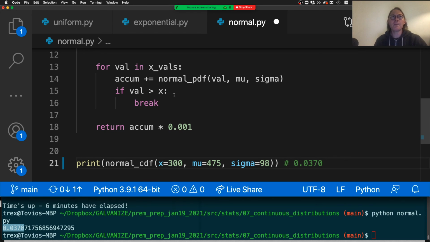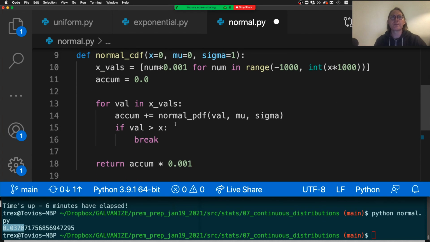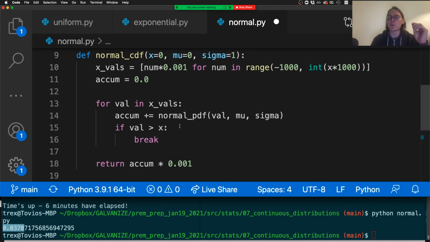The scheme that we have right here, this works reasonably well. If we became more precise, would that help? Probably not. Well, no, sorry, it would. We'd have to increase our range. We'd have to generate more x values and everything. The other thing we could do is we could just get a z-score, right?